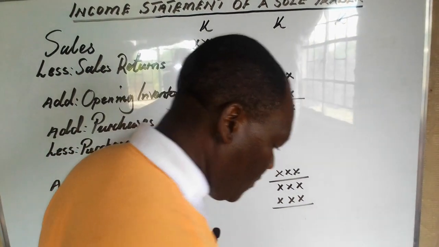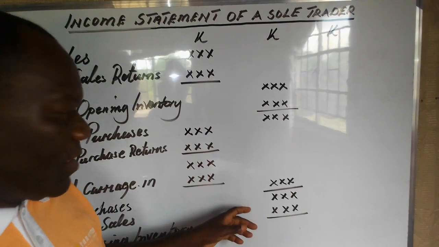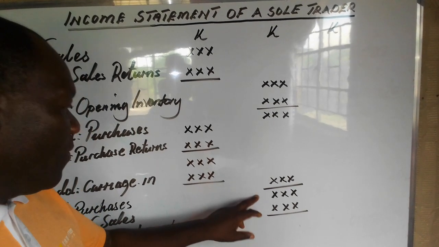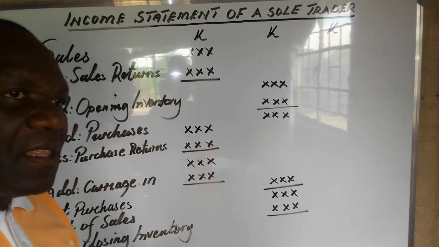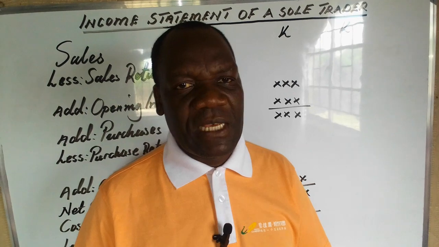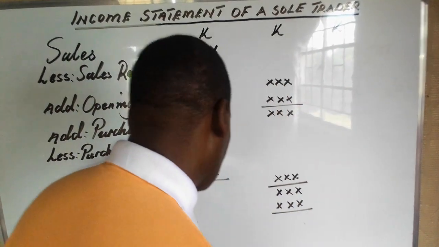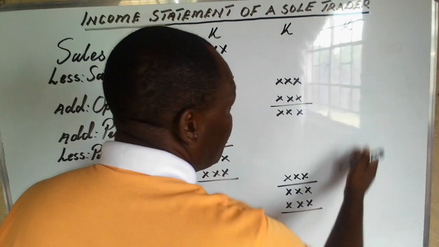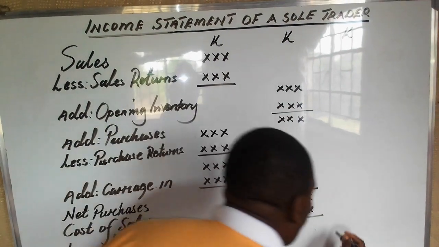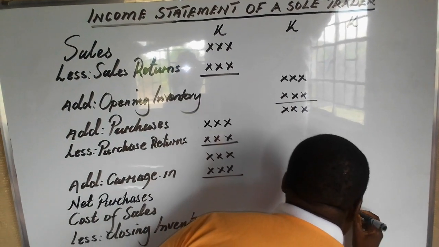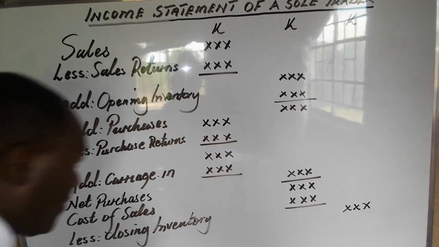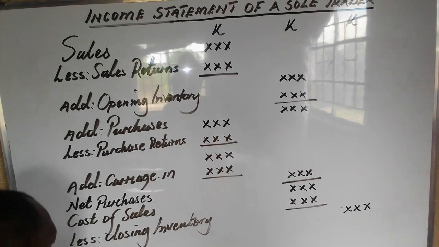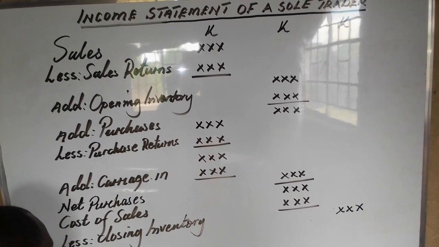Okay? Once you lessen the closing inventory from your cost of sales, you subtract the closing inventory. The figure that you are going to get is the one that we call gross profit. So the gross profit figure comes this way. Okay? So our gross profit figure will be here. This is the gross profit.